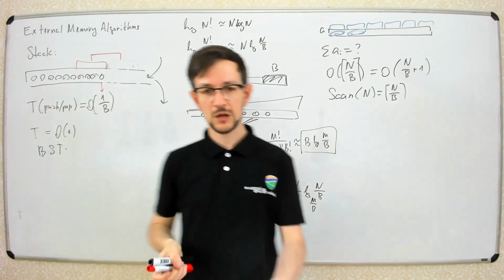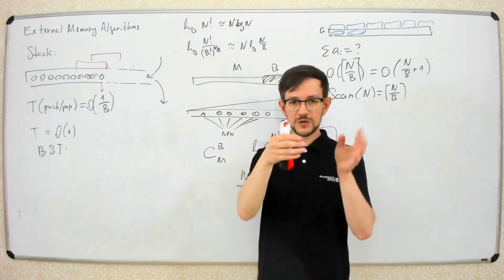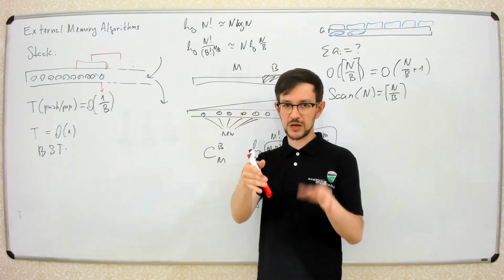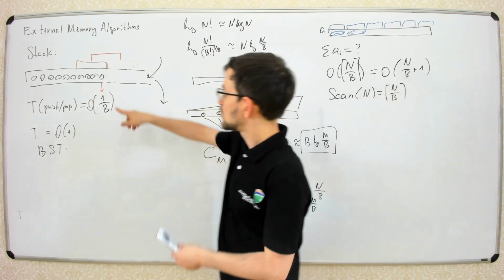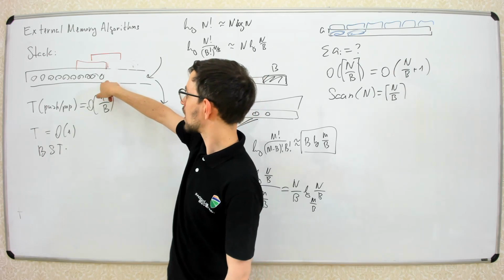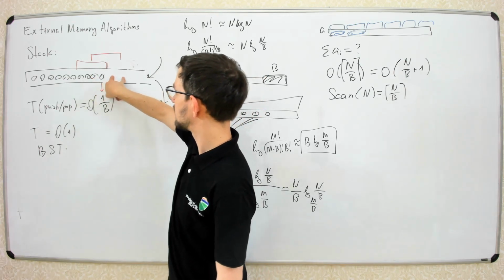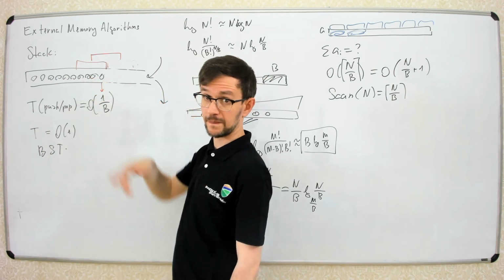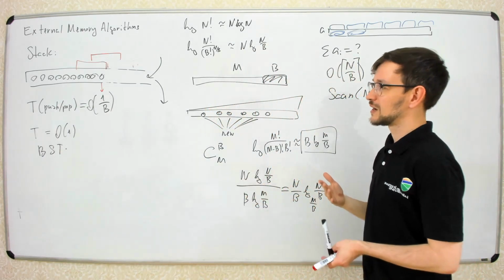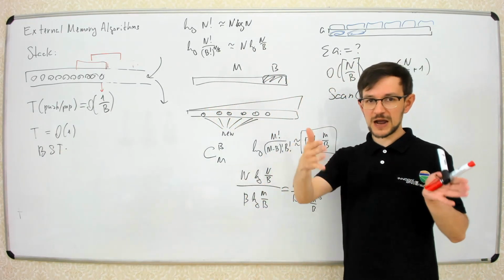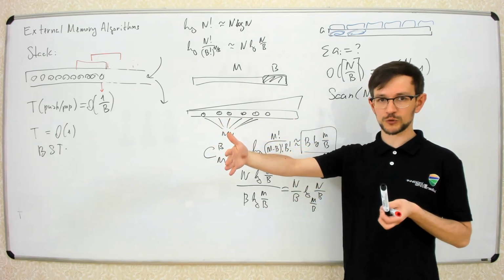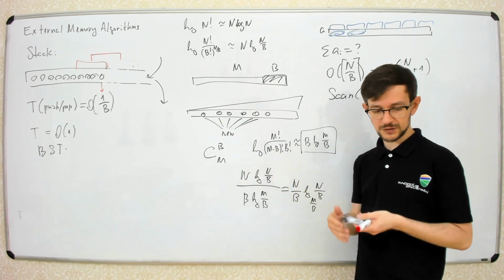If you do it like this, you always have this spread between your current position, so when you do the separation, you are in the middle of your block. So you need to have at least B operations here and at least B operations here. So every time you have some gap between your current position and the next time you need to make an input-output operation. That's how it works.